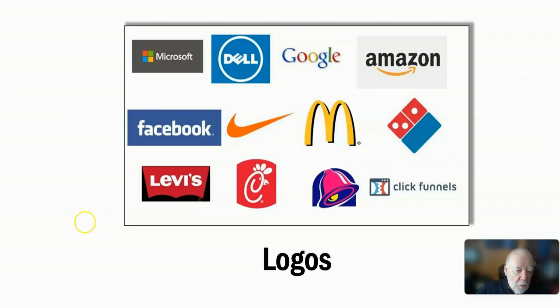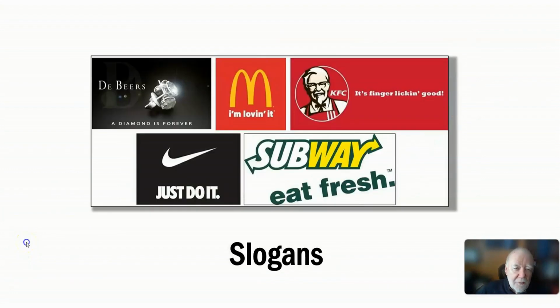How about slogans? You can combine logos and a slogan together. Here are some great examples of that. De Beers has a slogan, "A diamond is forever." McDonald's, the golden arches, doesn't say McDonald's, but it does have their slogan, and you recognize the logo, and then they have their slogan underneath it.